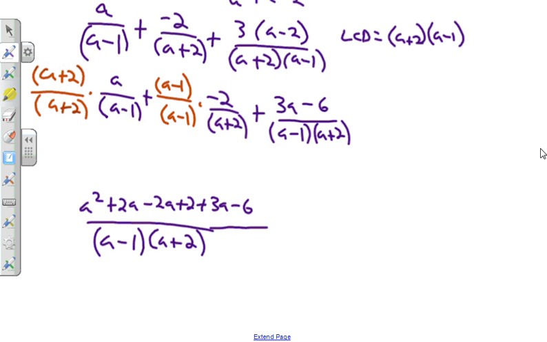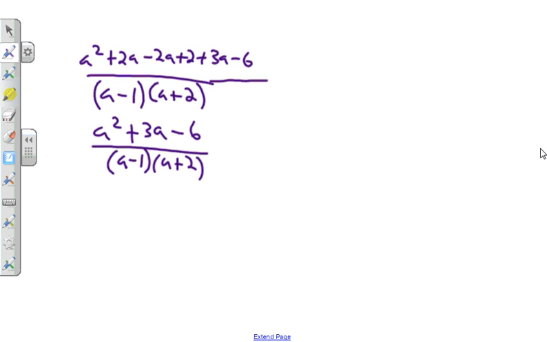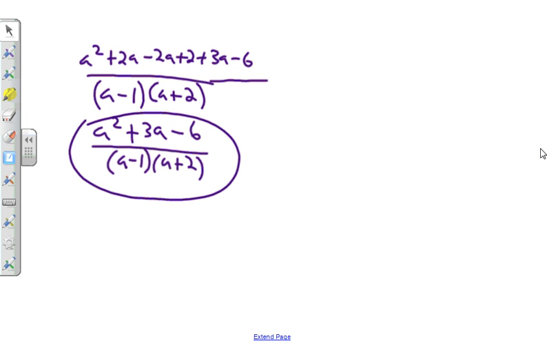I've got a 3a here, so a squared plus 3a and then minus 6. And let's see if that's factorable. Factors of -6 that sum to 3, I don't think there are any. So I think we're done on that. And that is the end of the broadcast.